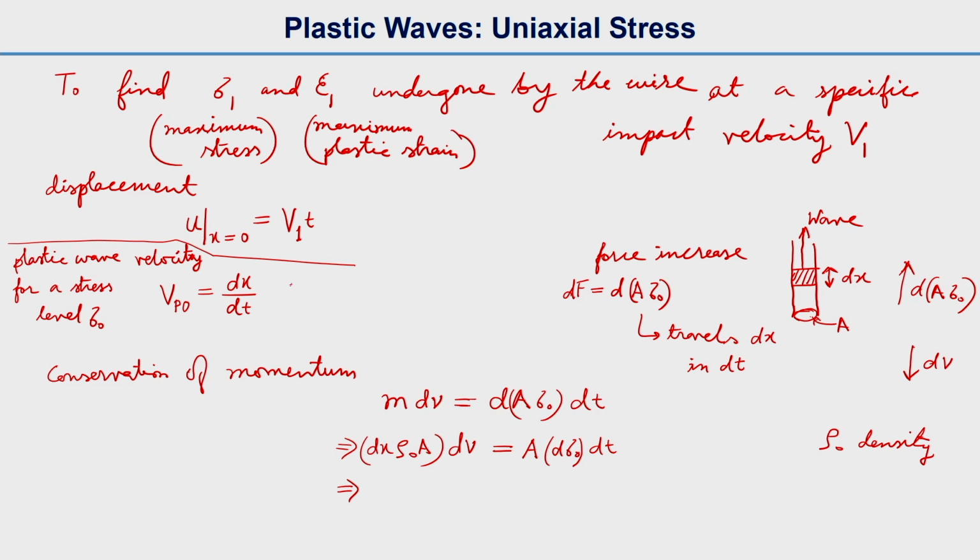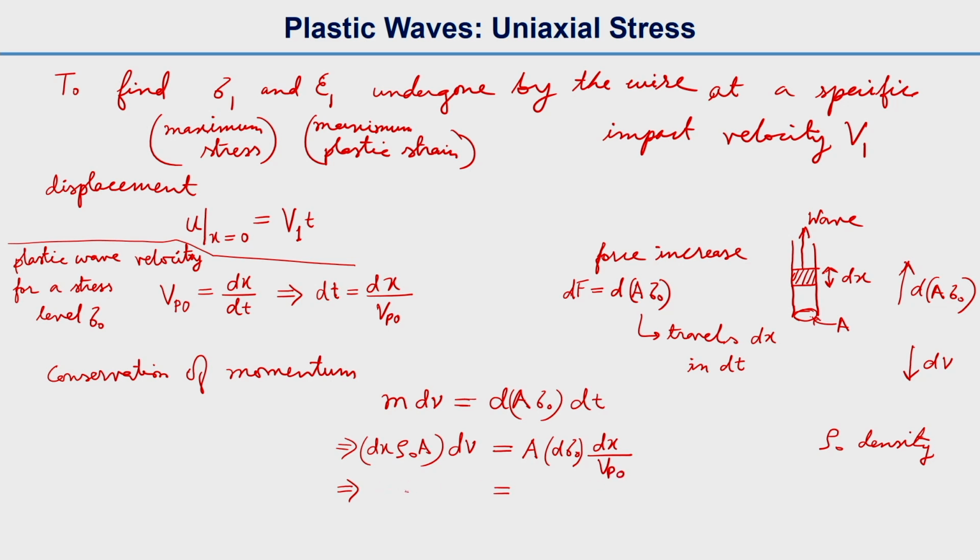So what we can find from the above relation of plastic wave velocity V p naught is that dt equals dx by V p naught. We will use it here itself, so this is dx over V p naught.